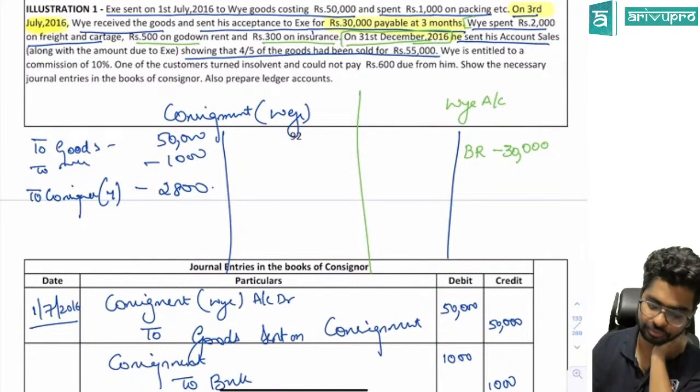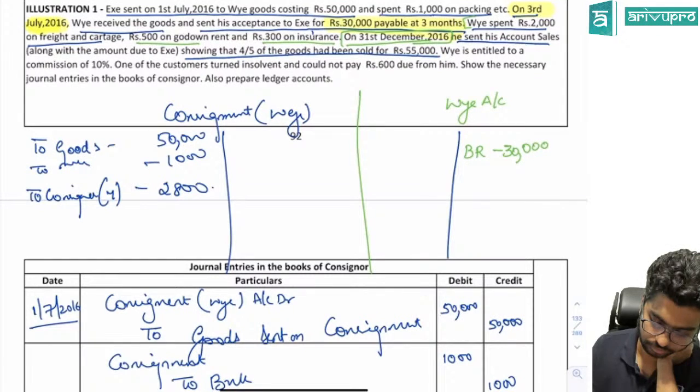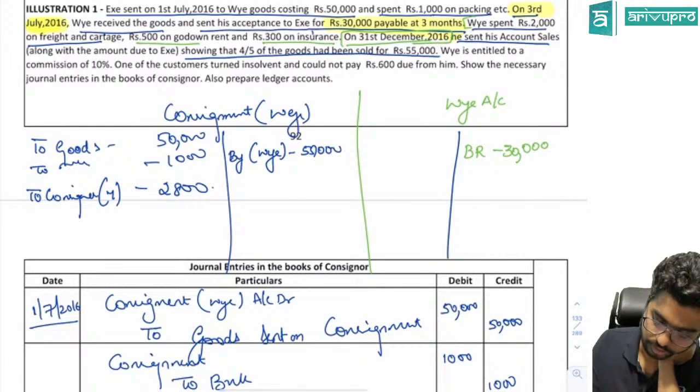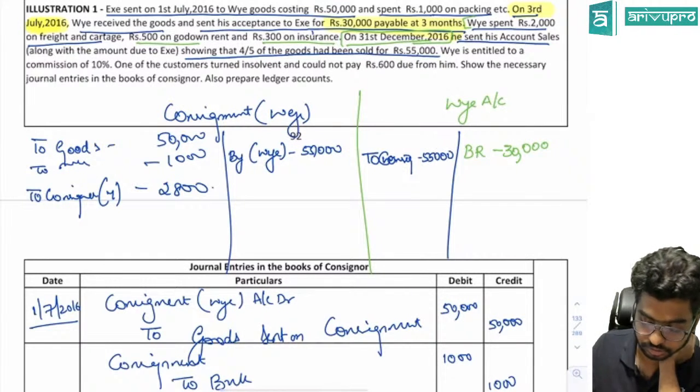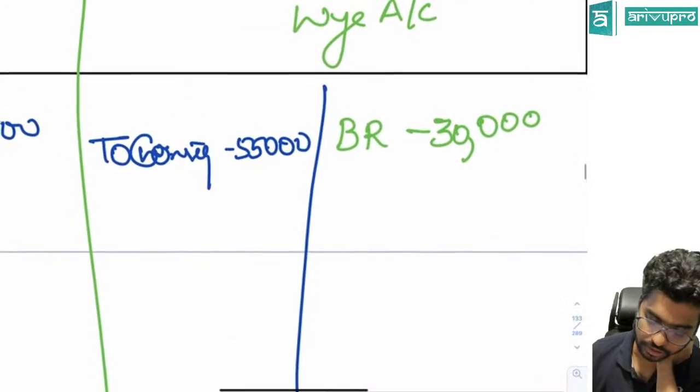Y2. So here by Y, here it will become to consignment. Are you clear?